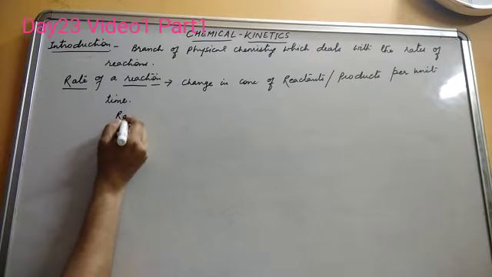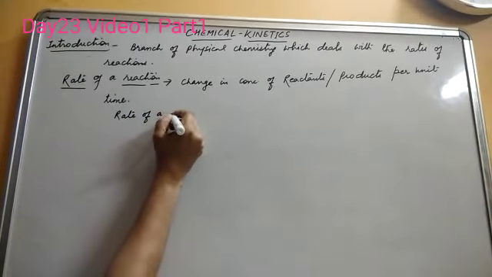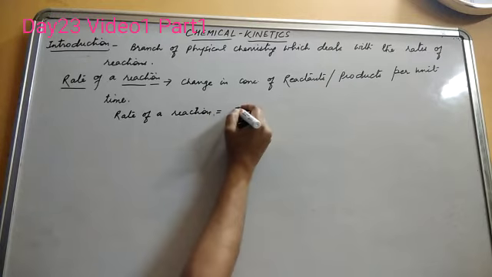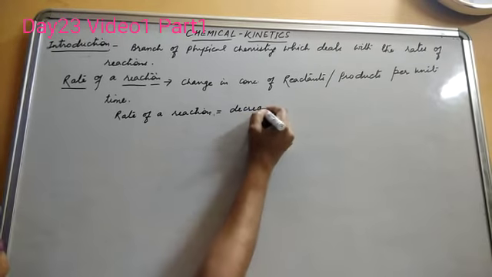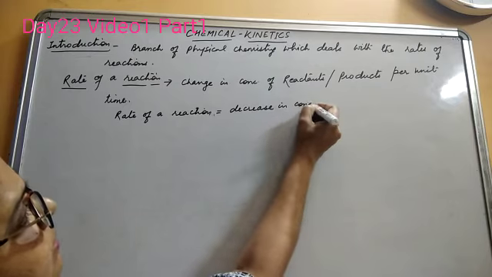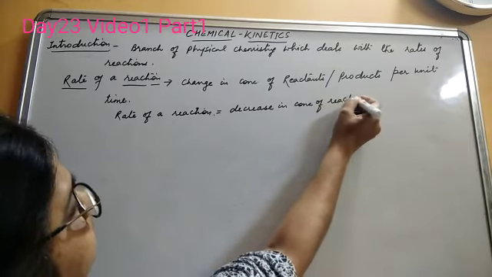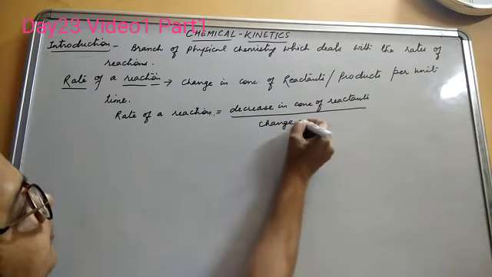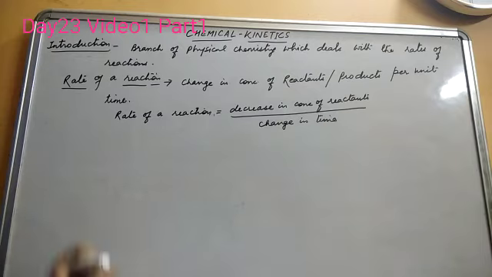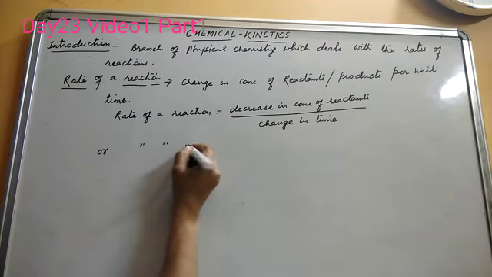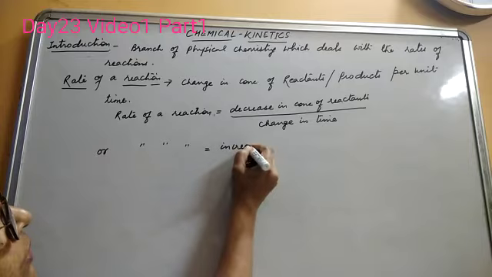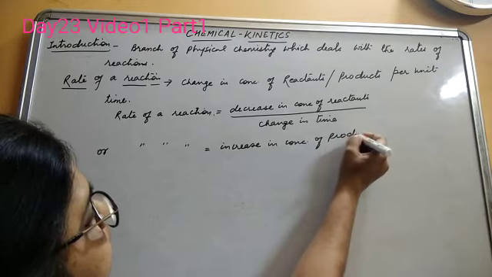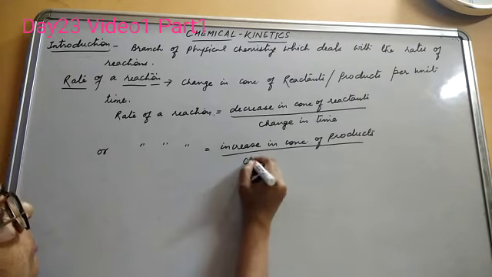We can write it this way: rate of a reaction is equal to decrease in concentration of reactants upon change in time, or rate of reaction can be written as increase in concentration of products upon change in time.